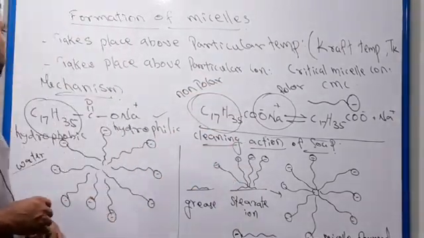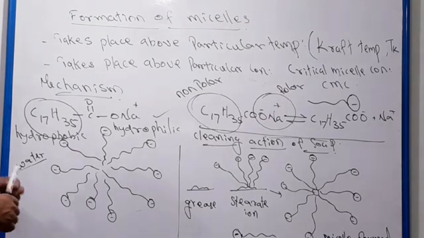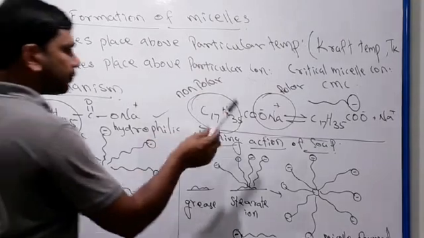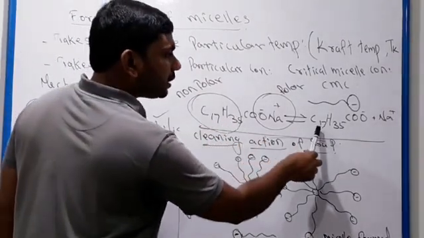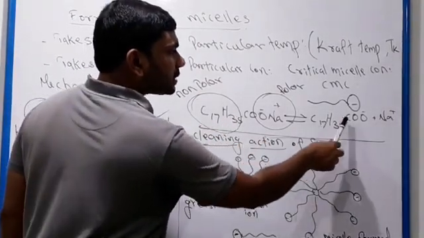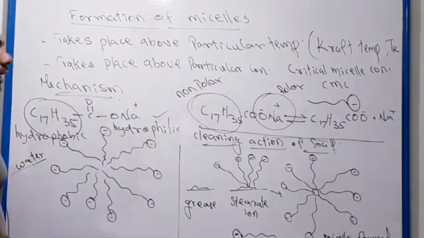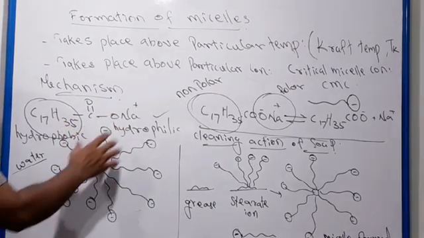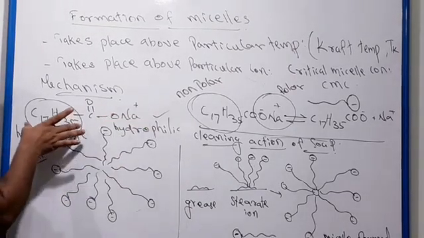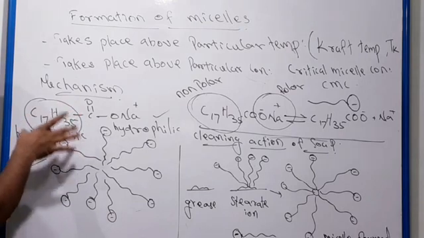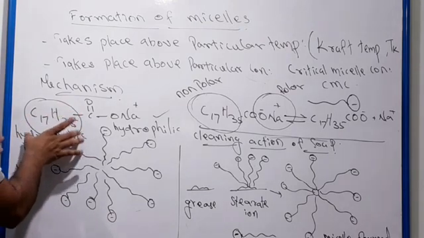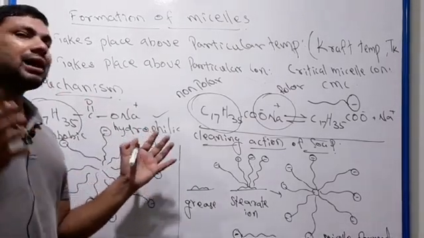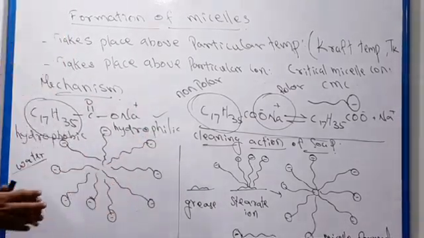These are the things we discussed about the formation of micelle. I will repeat once again. This is the structure of soap. On ionization, soap forms C17H35COO minus Na plus. This is the soap. This is the polar part, this is the non-polar part. The non-polar part is hydrophobic, it will repel water molecules. The hydrophilic part will attract water molecules.